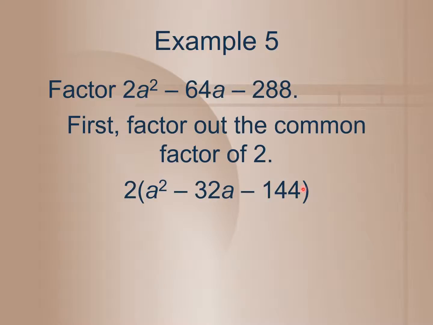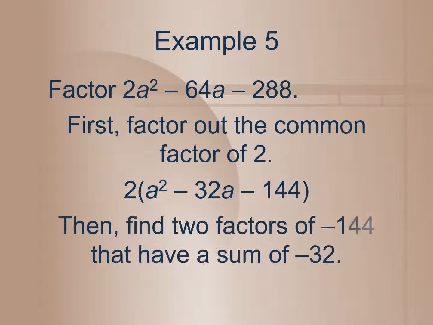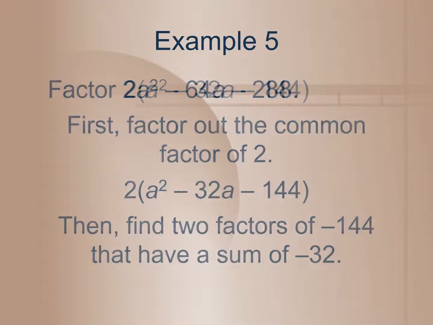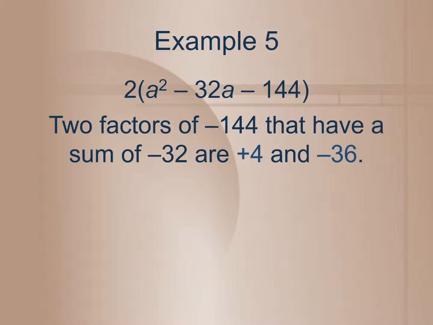Now that we have that, we can use the method that we've been learning in 10.2 to factor a squared minus 32a minus 144. So we're looking for two numbers that multiply to negative 144 but add up to negative 32. Okay, so the factors of 144 that have a sum of negative 32 are going to be 4 and 36, because 4 times 36 is 144, and we have to make one of them negative.